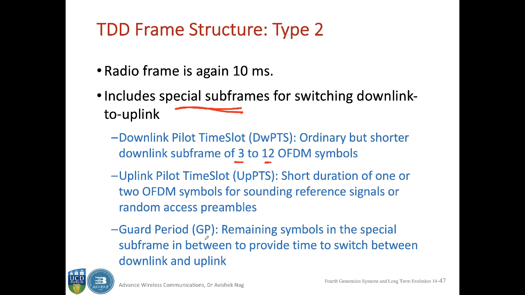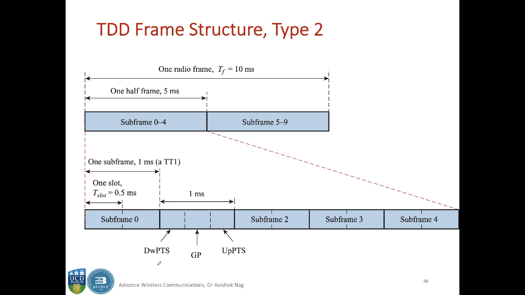And then there is this guard period. So these are the remaining symbols in the special subframe in between to provide time to switch between the downlink and the uplink. Okay, so this diagram will give you a better understanding.